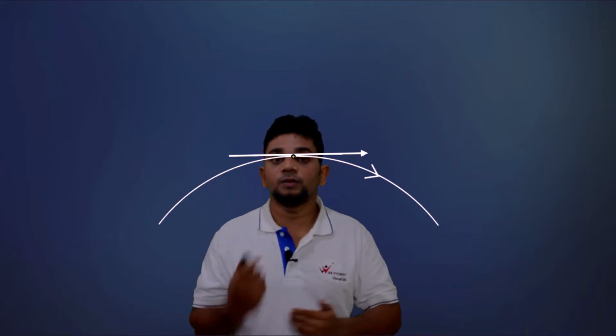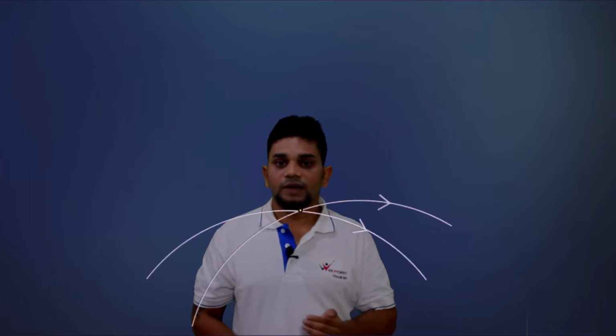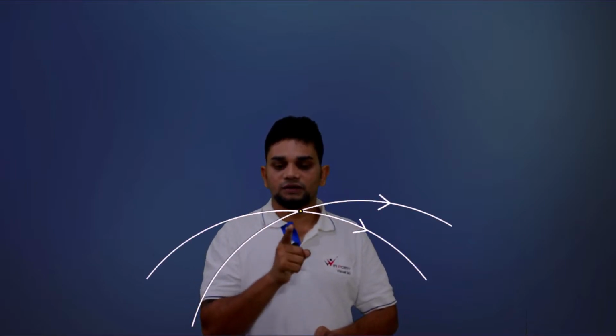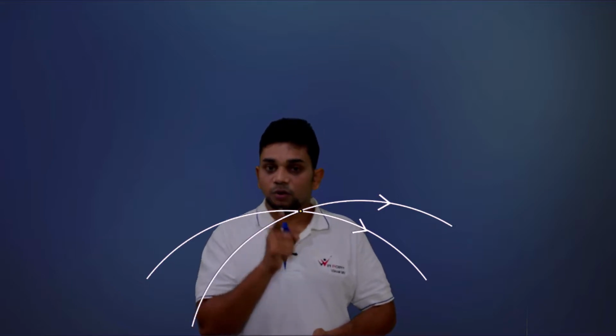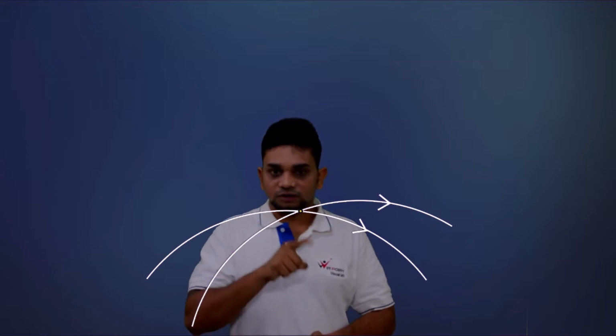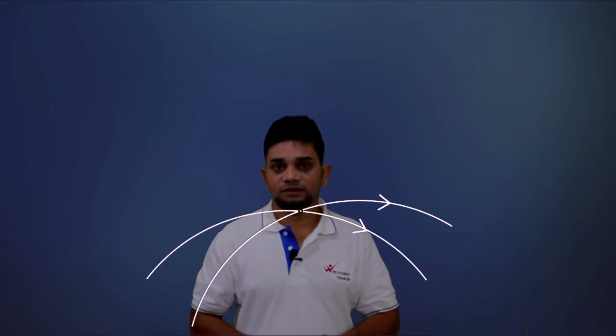Just imagine there are two magnetic field lines. They are intersecting each other. We are considering the intersecting point. At the point of intersection, there will be two tangents, right? Because there are two magnetic field lines, at the intersecting point there will be two tangents. We are going to draw those two tangents.